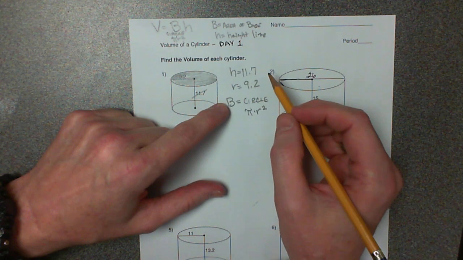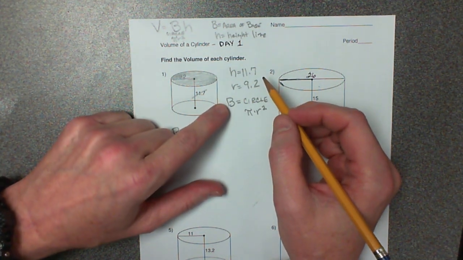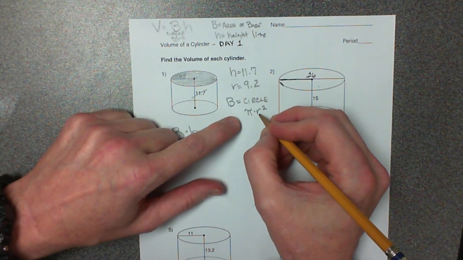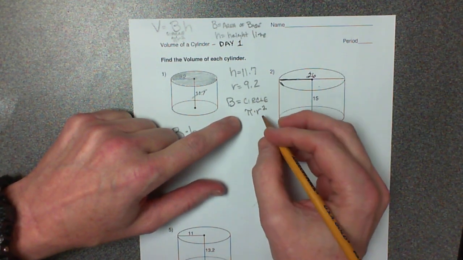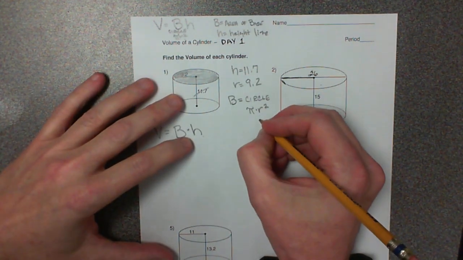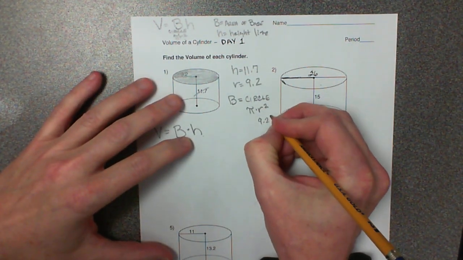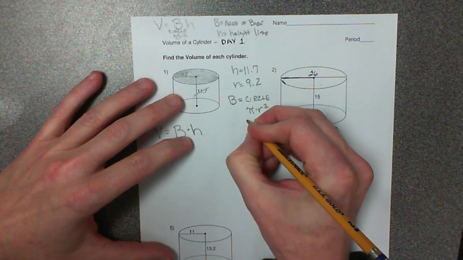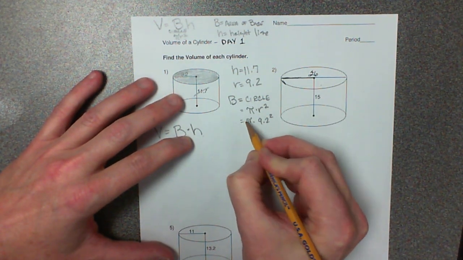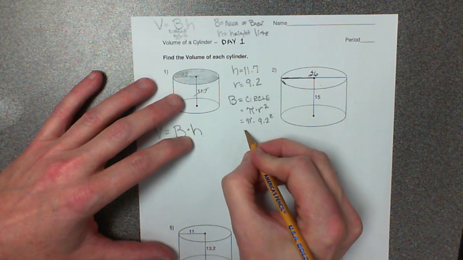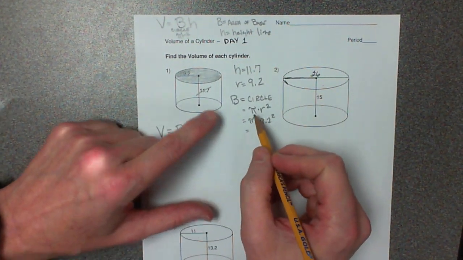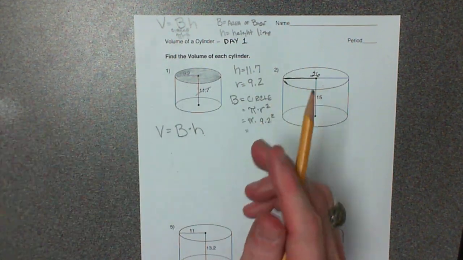Now, I need to take the radius and put it into the formula for the area of the base. 9.2, and I'm going to square that, and then I'm going to multiply it times pi. Okay? So I need a final number, what is the measure for the area of the entire base.